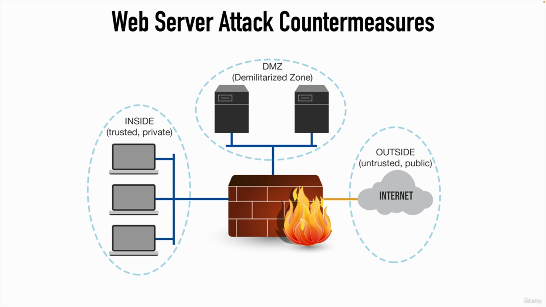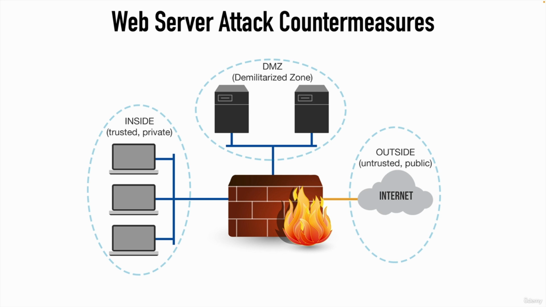Having all of these different zones creates more security barriers, which is good for our web servers. The web servers, in the case of a DMZ, are now isolated from both the internal network and the public network as well. This can help prevent attacks from outside devices because we're able to more strictly limit traffic to and from the DMZ, as opposed to the way that we might be able to do that for our inside or outside networks.